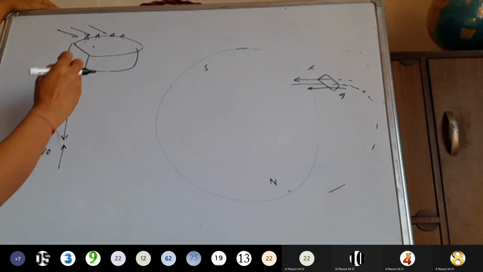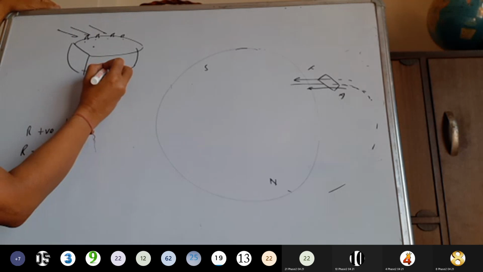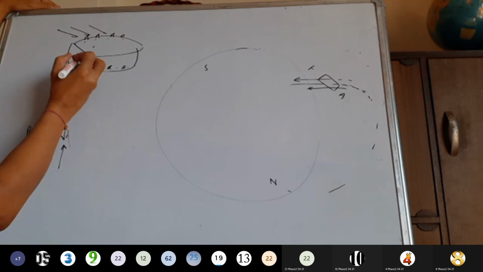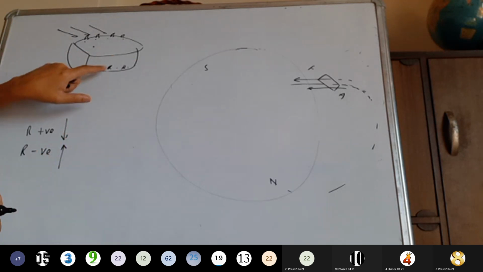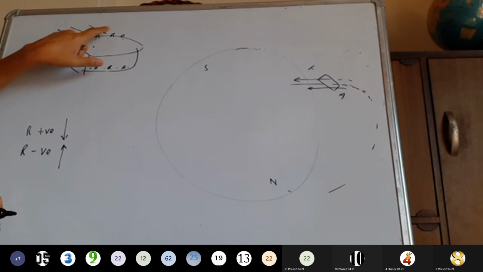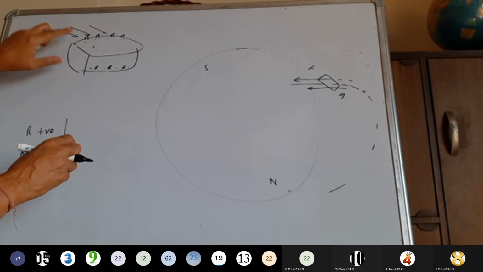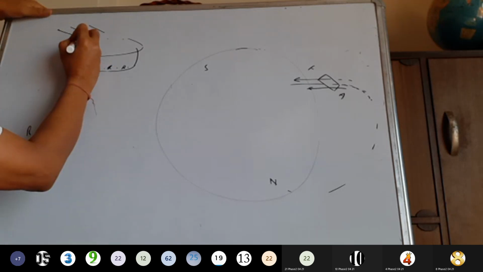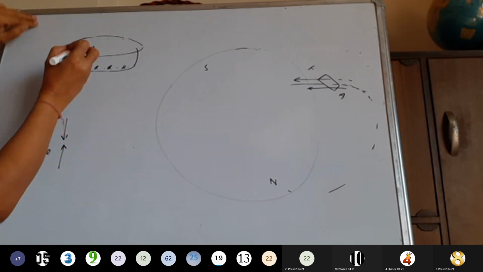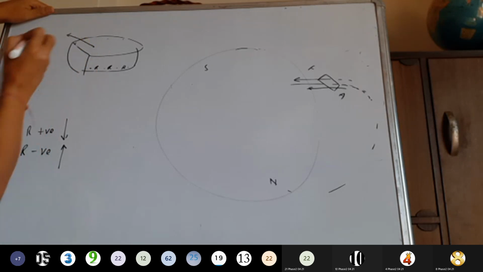And this will be red, red, red, red. So the keel of the ship will become red and the deck of the ship will become blue. Finally, the force will be acting from this red to this blue. That means the force will be acting in this direction.